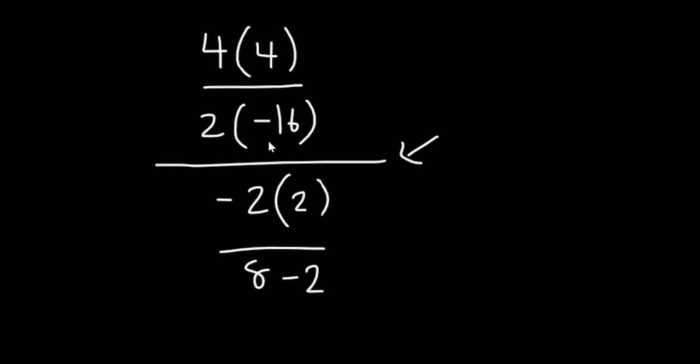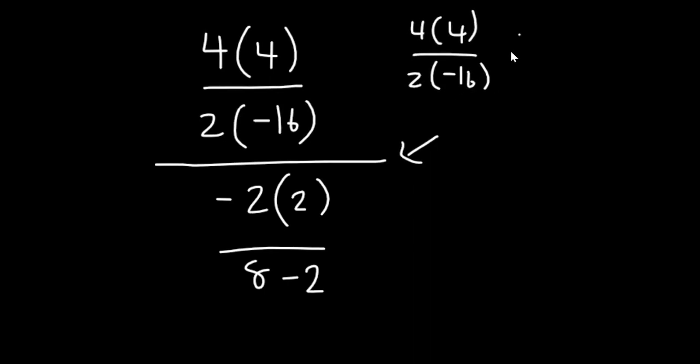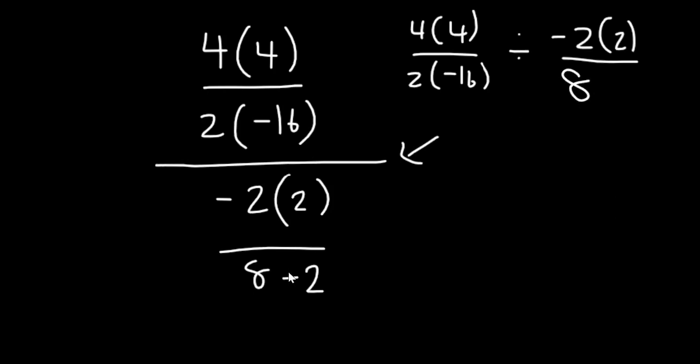What this is saying is that this is equal to 4 times 4 over 2 times -16, divided by -2 times 2 over 8 times -2.